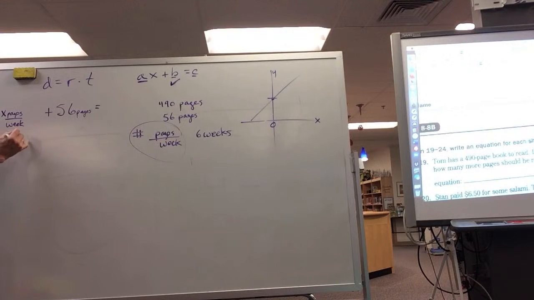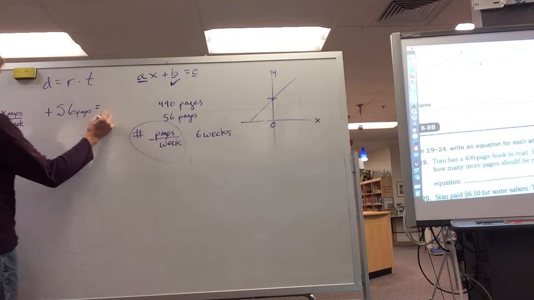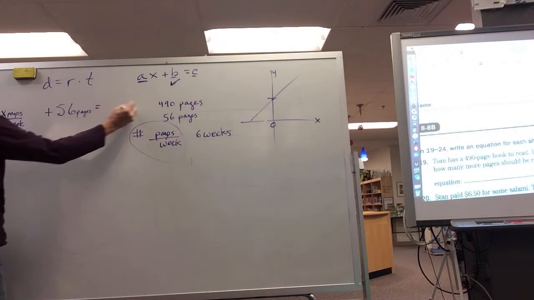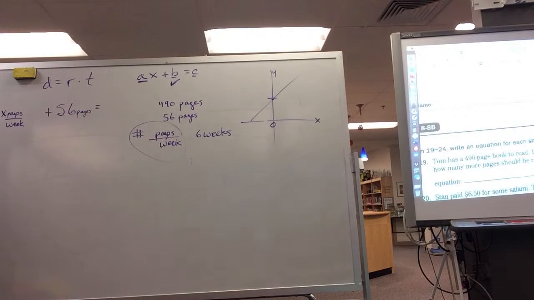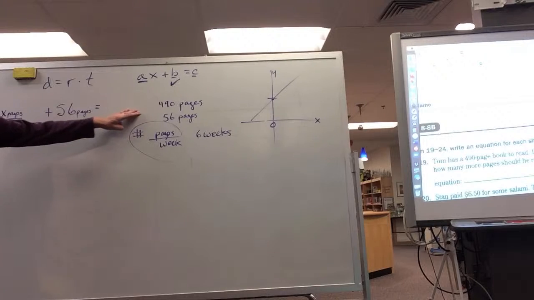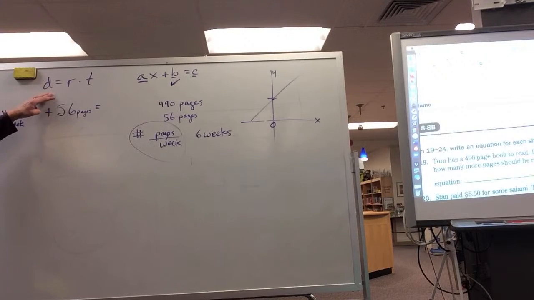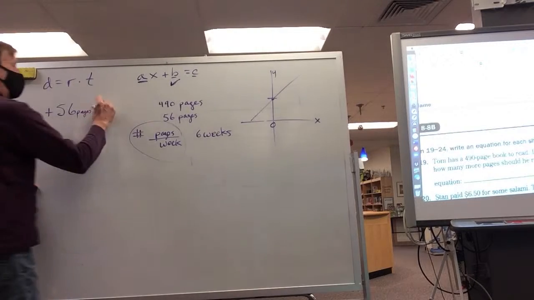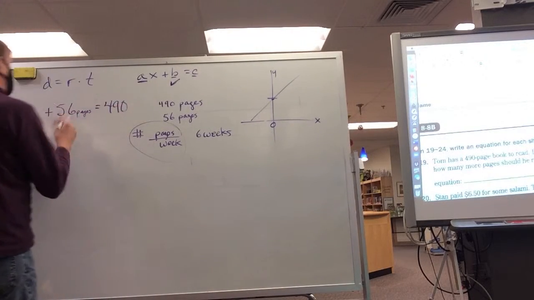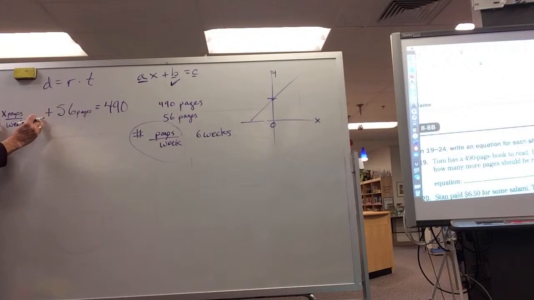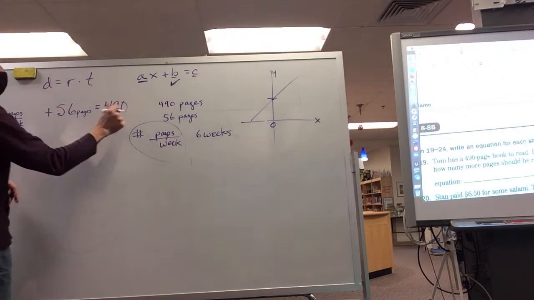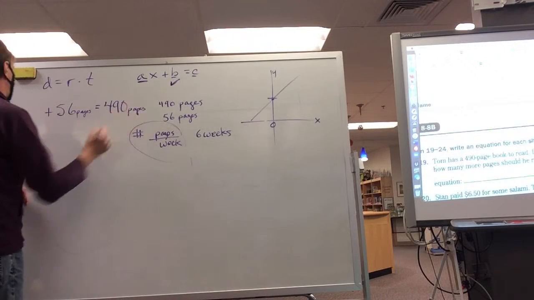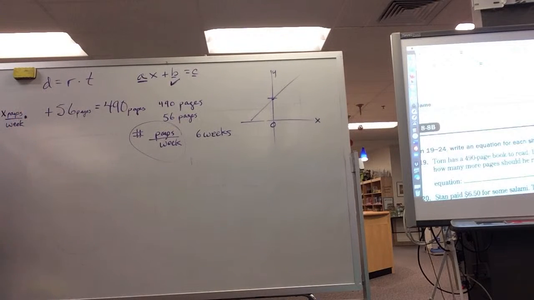Okay. And then, when we're all done with this, when he's all done reading, how far will he have gone in the book? 490. So if you take what he started with, what he's got to read, and you put it together, you get where he ends up. So what goes right here? 6 weeks.